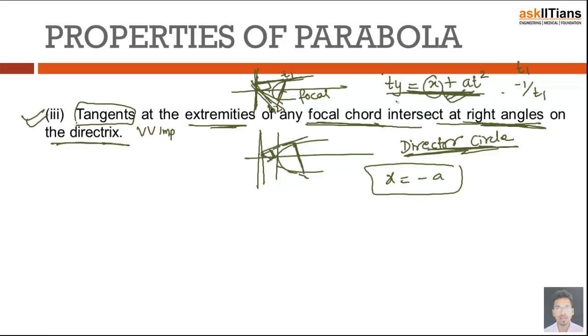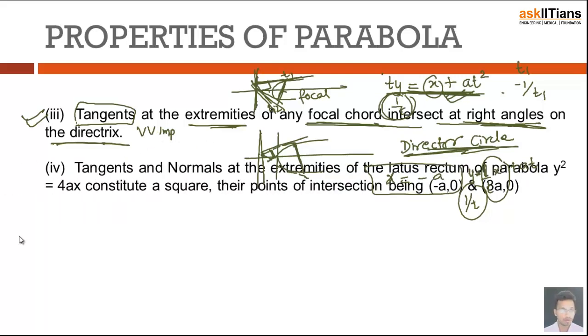So the slope will be 1 by t. For any tangent, y will be equal to 1 by t x plus a t, okay. So the slope of the tangent in parametric form will always be 1 by t. That is from the third property, and let's see one more property.